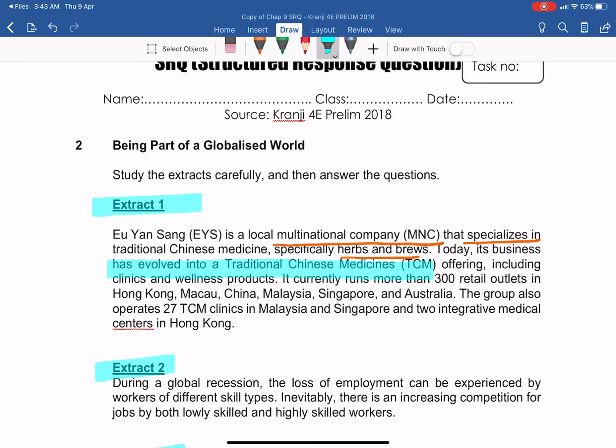Now TCM is of course traditional Chinese medicine. There are many kinds of medicine. There's Ayurveda, there's of course your normal doctors and hospitals. What it has, however, is not only 300 retail outlets in all these countries, it also has an integrative medical center. So if you look very carefully, it has really expanded.